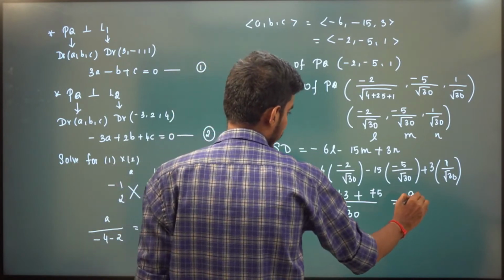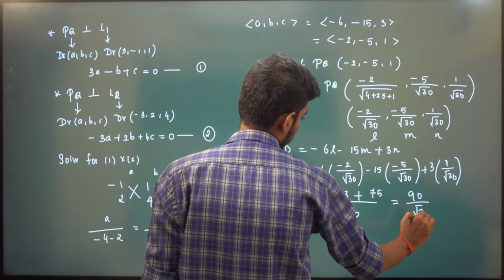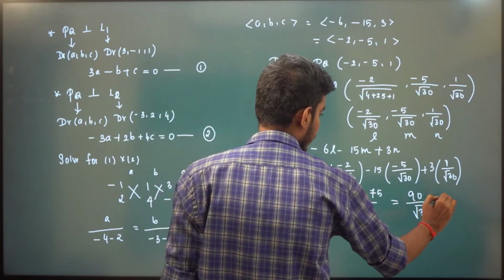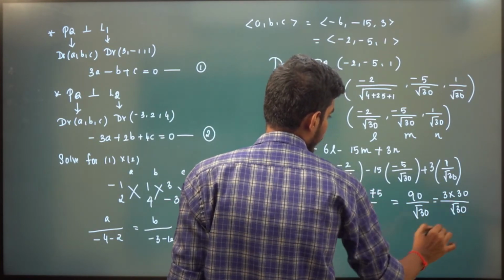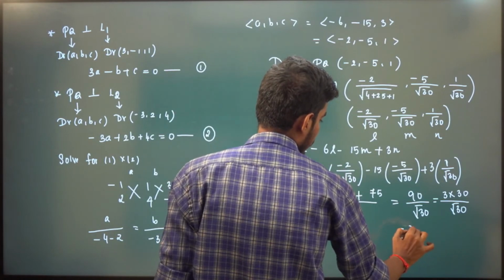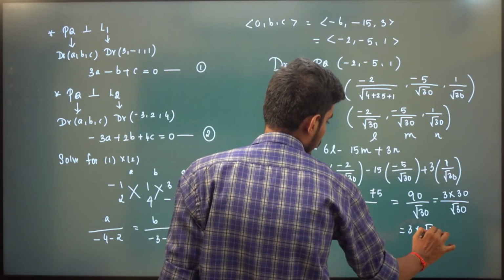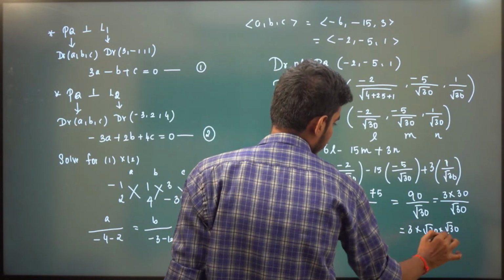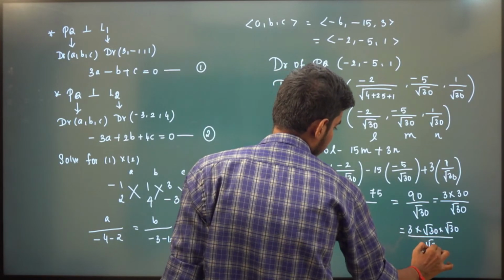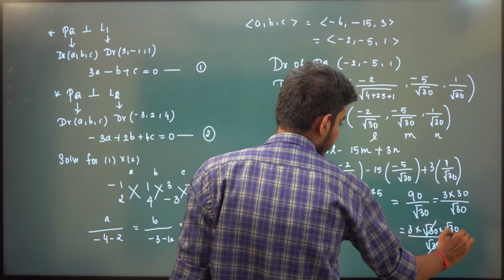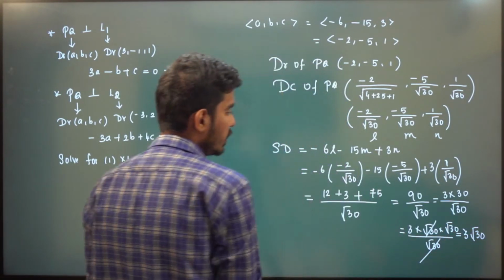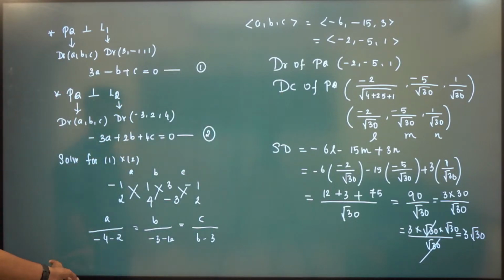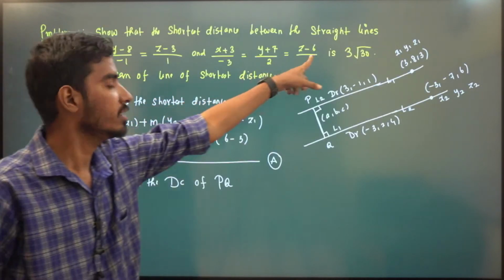So 90 divided by root 30. I can write 90 as 3 into 30, divided by root 30. I can write 30 as root 30 into root 30 divided by root 30. So 3 root 30 is the shortest distance between the given lines. That is what we need to prove, right? So the shortest distance is 3 times root 30.